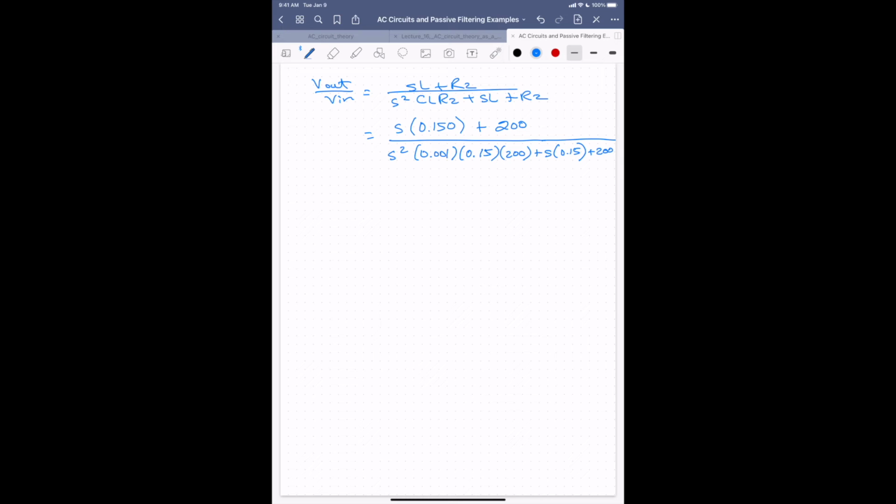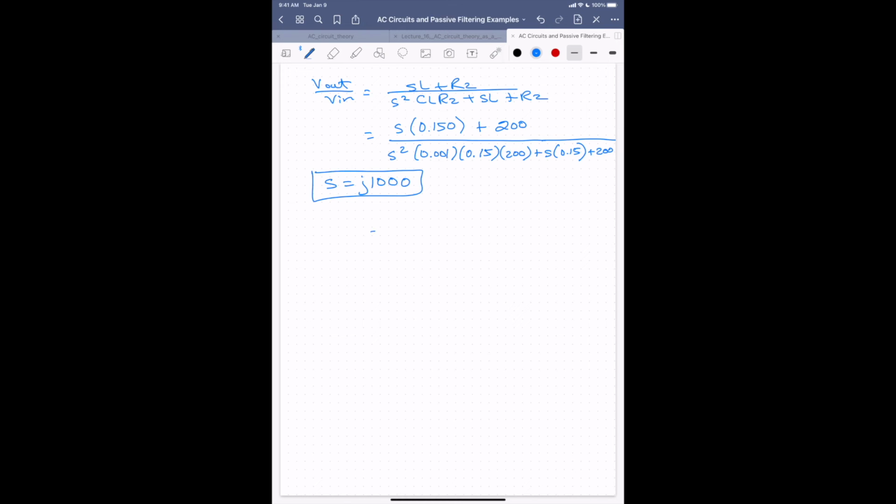When I simplify that, I didn't write down that intermediate value. So what we're going to do is plug in S is equal to J omega, and omega was 1,000 for my input.